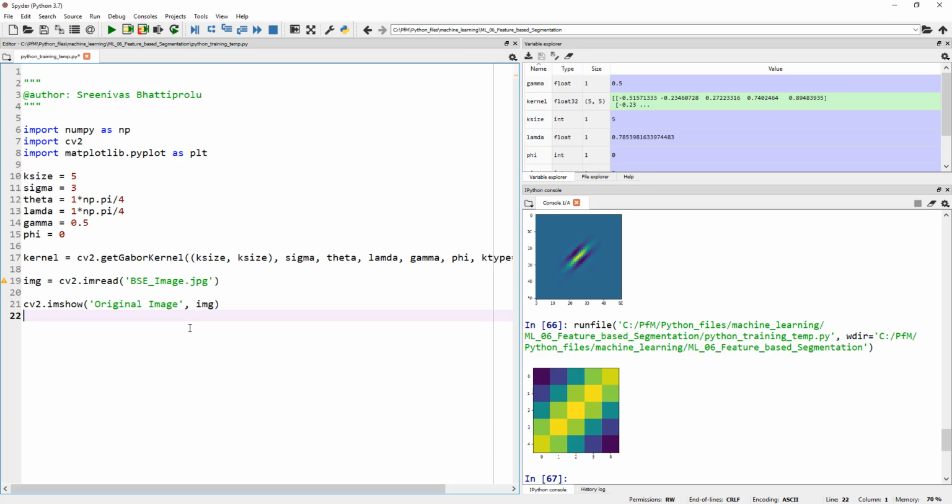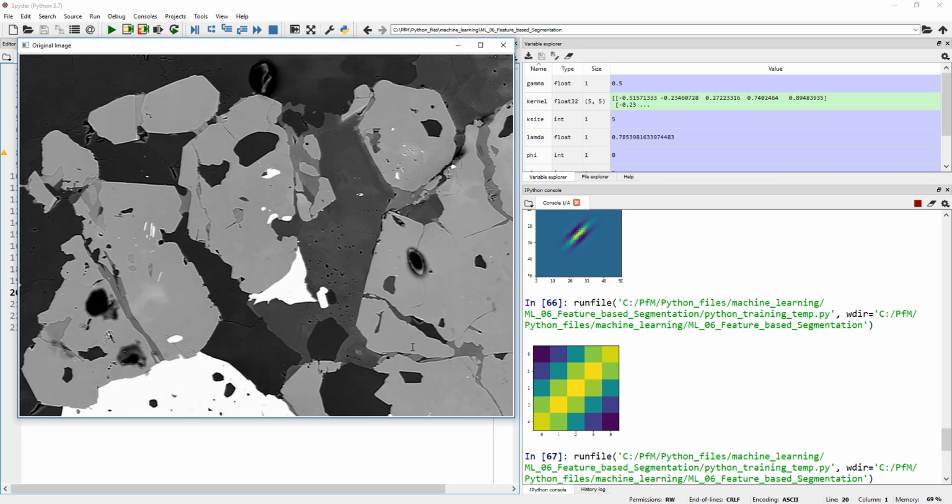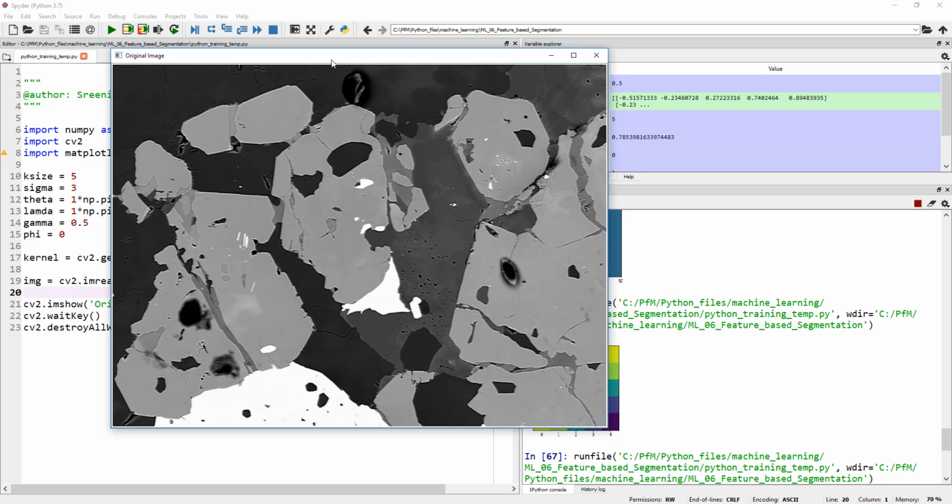And do not forget cv2.waitKey, with uppercase K, E, Y, and I'll leave the image box open until I close it. Same thing with destroyAllWindows. Okay, there you go. Let me run this so we can actually see. This is the input image.